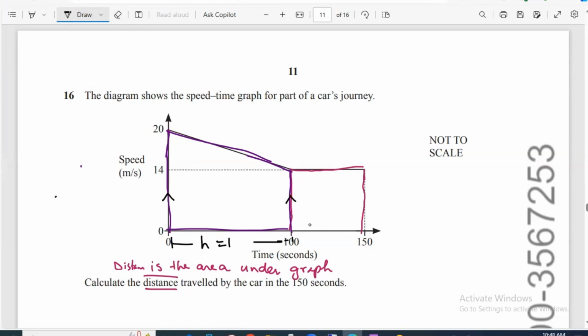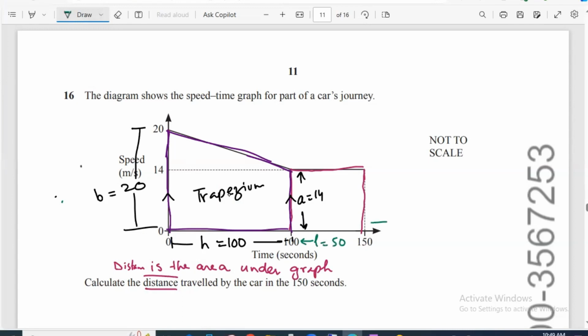This length is A, which is 14, and this length is B, which is 20. For the rectangle, the length L equals 50, and the width equals 14.